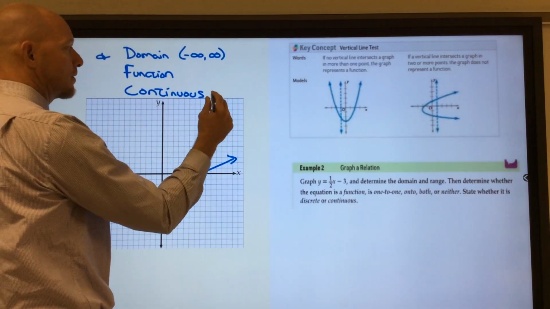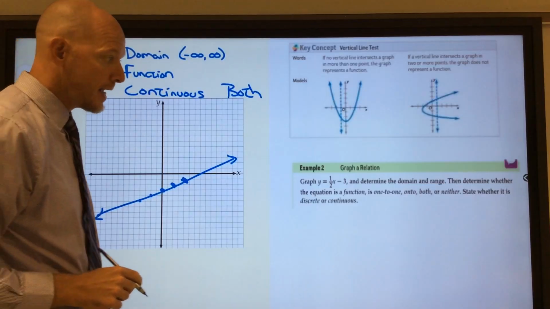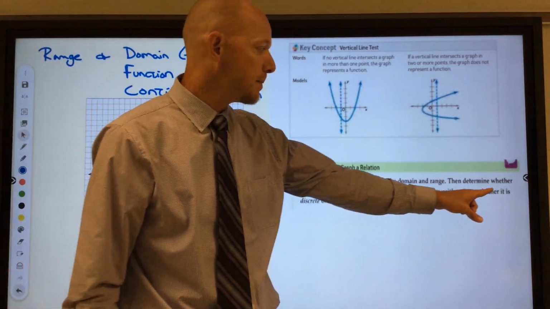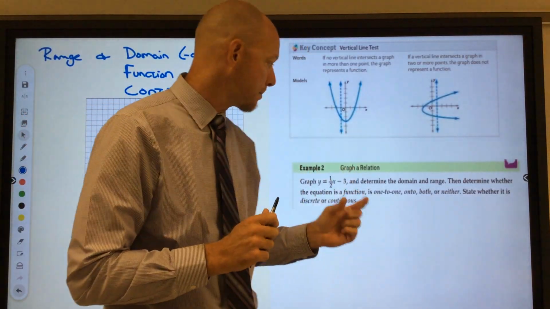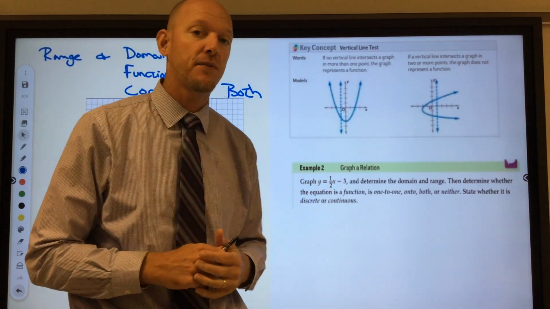So this is actually going to result in a scenario that is both. It is both one-to-one and onto. And as we stated at the beginning, we know that it's continuous because it's covering the entire spectrum, because we're graphing an equation and there's an infinite amount of points that satisfy that equation.